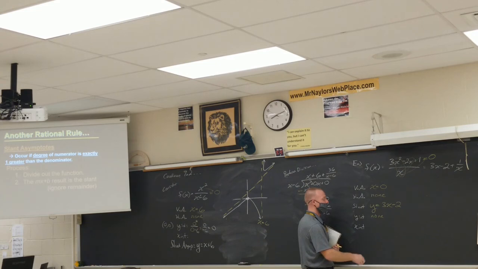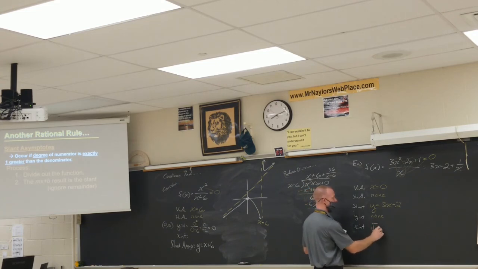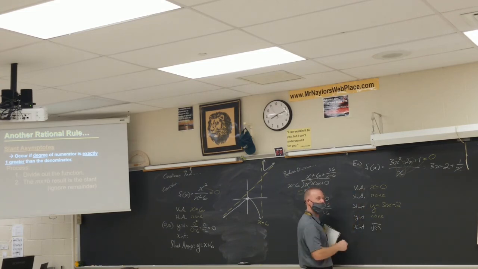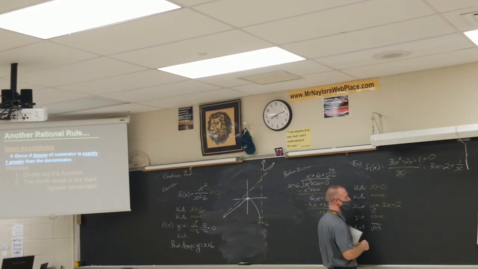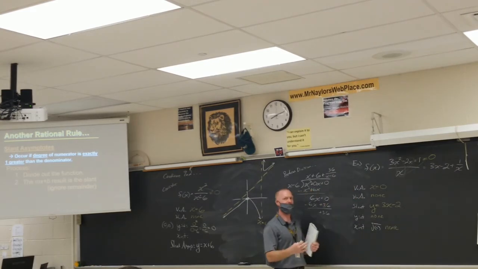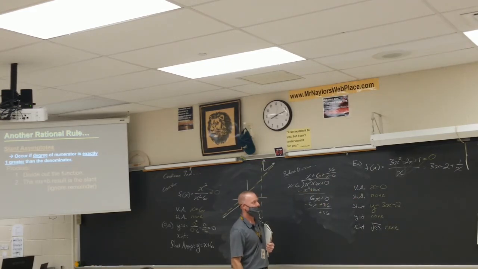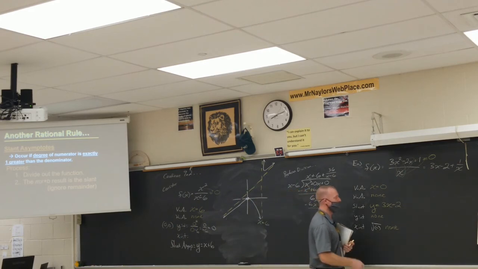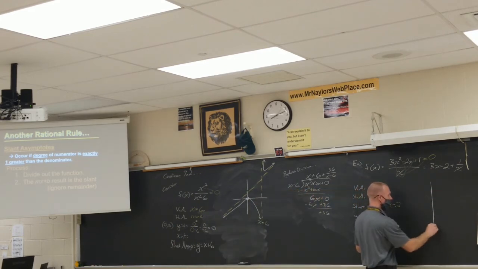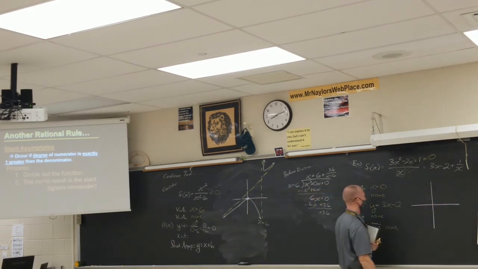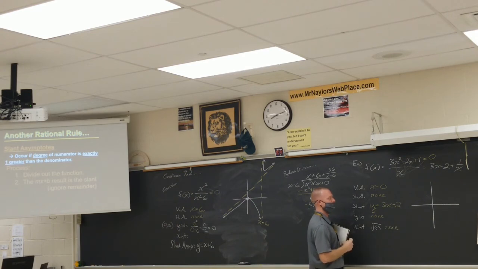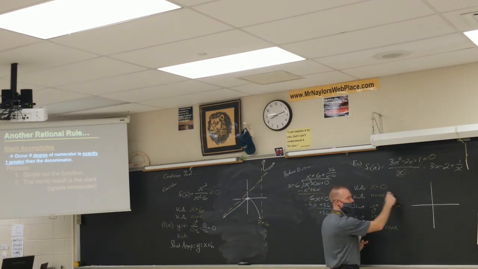Now, it turns out that you get the square root of a negative number with the quadratic formula, which you can do. Where you're like, wait a minute, I don't even know how to solve that. You'll remember that in the future because it will happen. Okay, x equals 0, vertical asymptote.